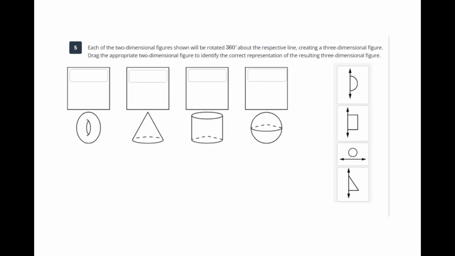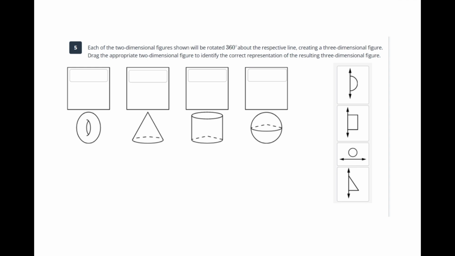If you remember, we did this activity with the straw and the triangle attached to it, or the rectangle attached to it, and we rotated the straw to see which figure it would become. And it's asking us to drag the ones from the right to the left, which ones would work.